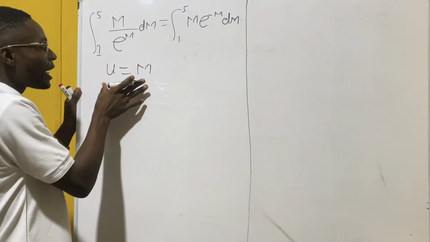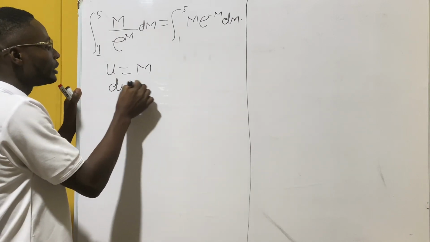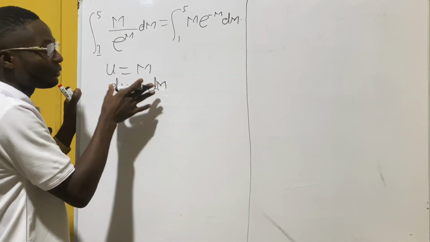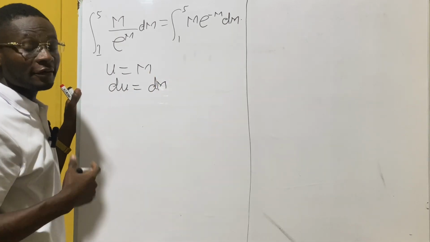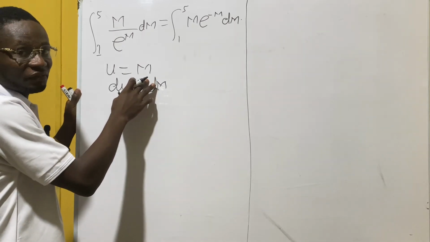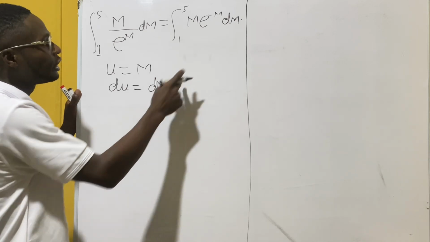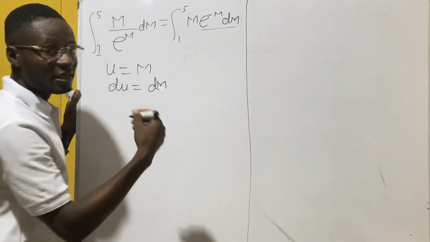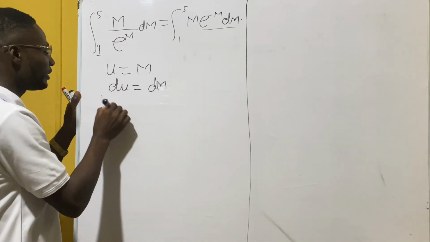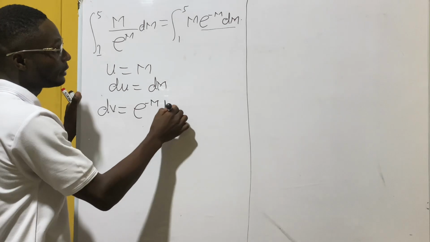Differentiating both sides with respect to the variable, you know that when you differentiate m, it's just like differentiating x, and that becomes 1 dm. So we choose this here to be the dv. So the dv is going to be e power negative m dm.